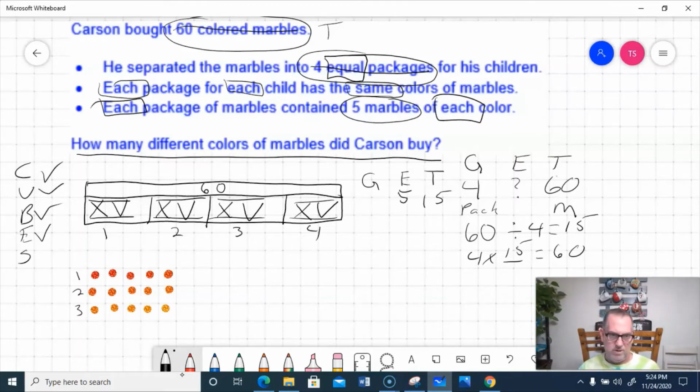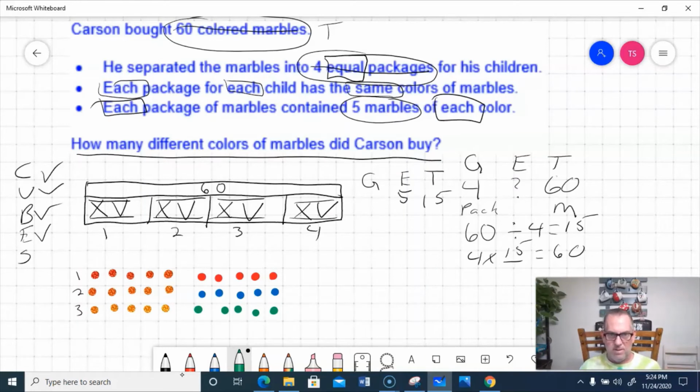Or I could have done it like this. I could have said that 1, 2, 3, 4, 5 are red. 6, 7, 8, 9, 10 are blue. And 11, 12, 13, 14, 15. I can see I got 3 different colors right there.